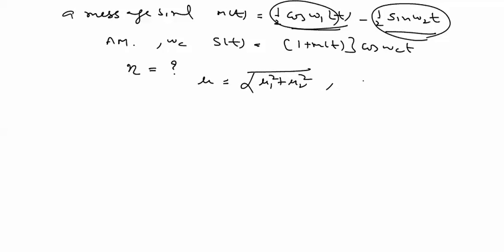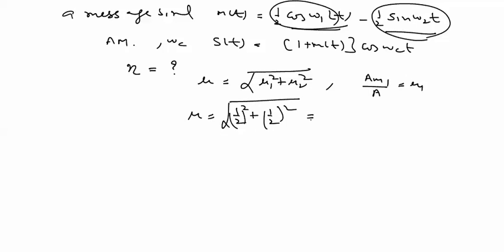Mu1 comes from Am1 upon A, which is mu1. Mu1 is half, square of it, and mu2 is half, square of it, and root. Half square is 1 by 4 plus 1 by 4, so modified mu equals 1 upon root 2.